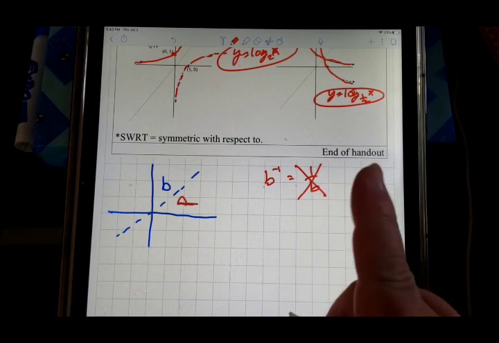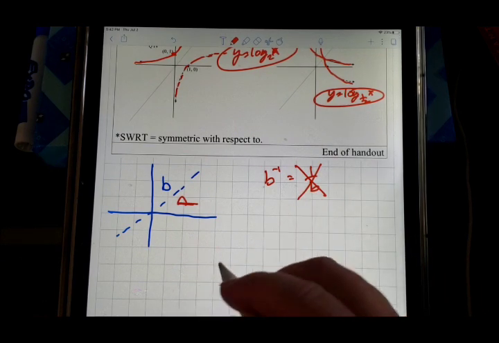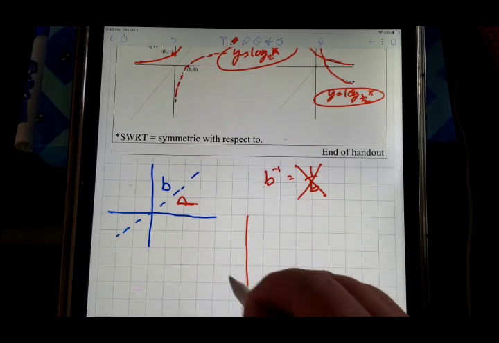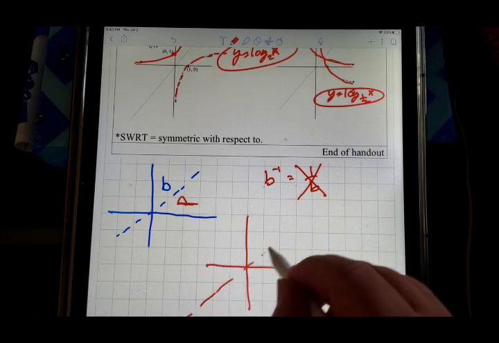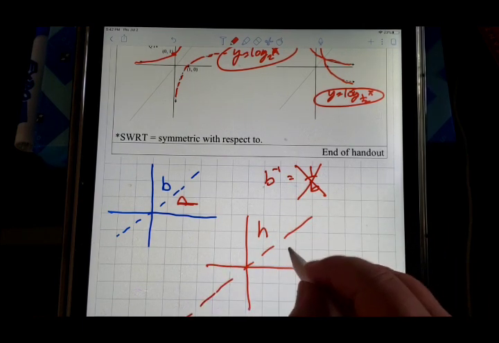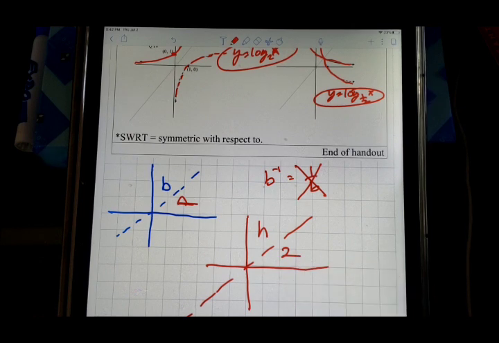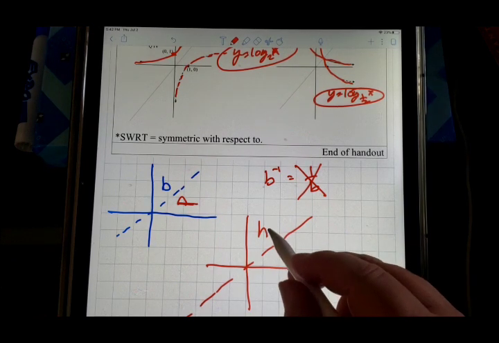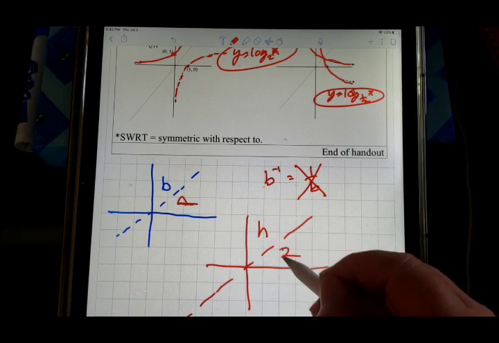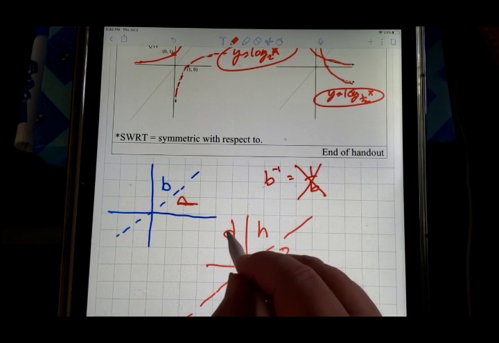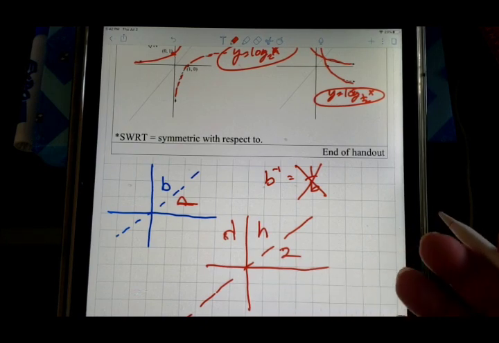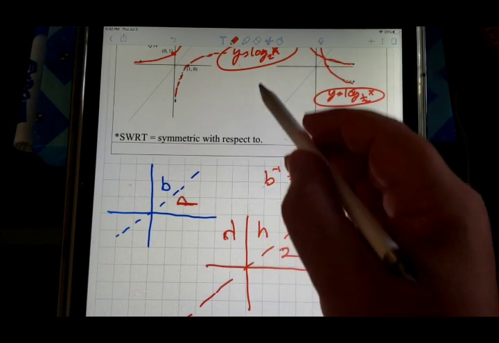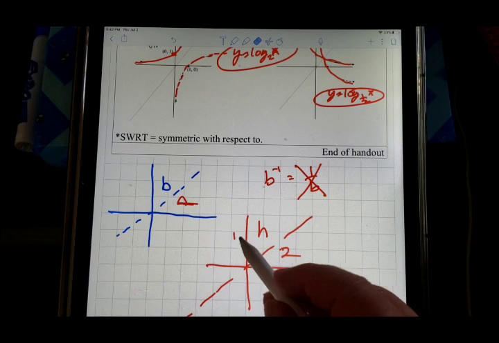If I were to take the letter H and flip it, I'd get a 2 with a long stem on it. That's the best I could find. If I were to reflect H in this line, over here, it would just be a non-existent letter. But I just wanted to go over that.